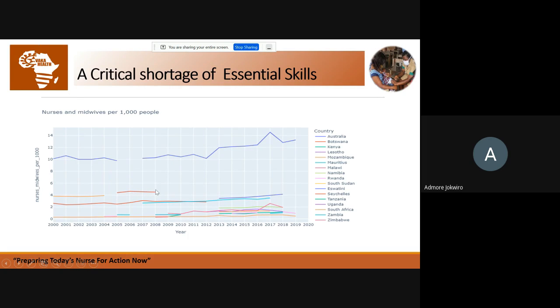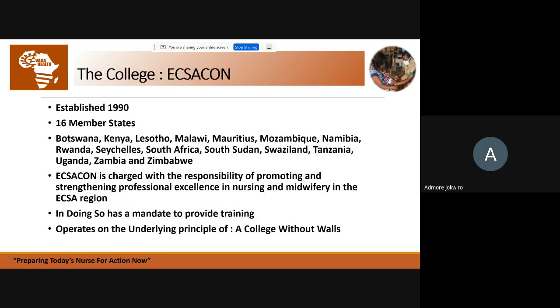Our trajectory has not really been showing significant increases, although this data only goes up to 2019, 2020. So we feel there's a real need to come up with interventions to improve the skills gap in low and middle income countries, which obviously impacts public health outcomes.